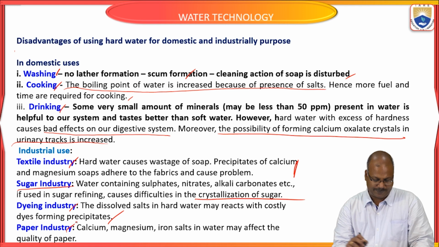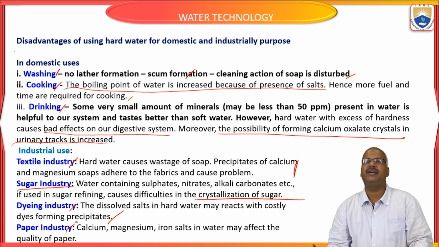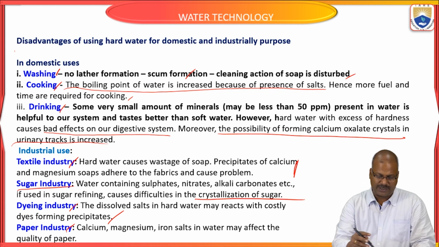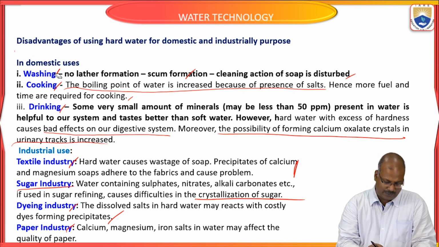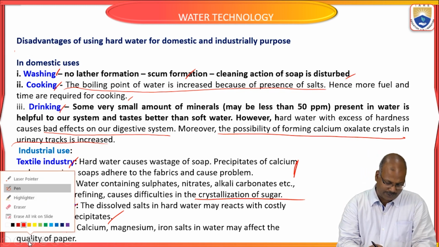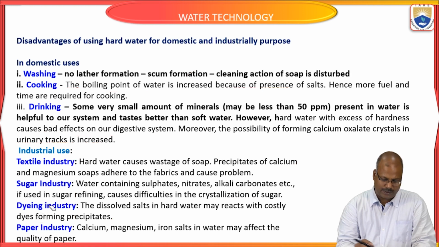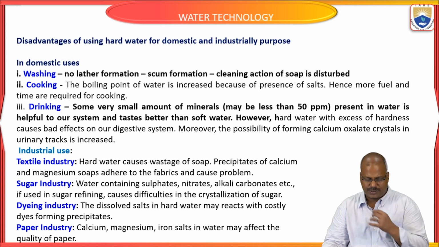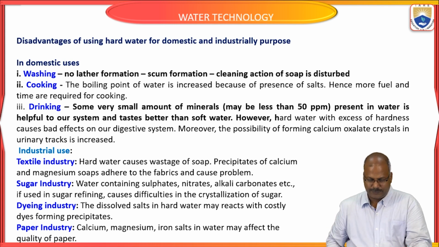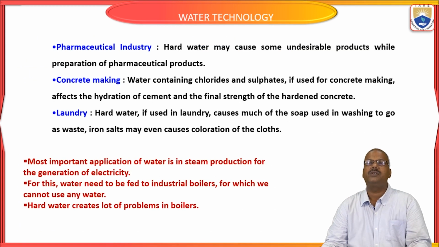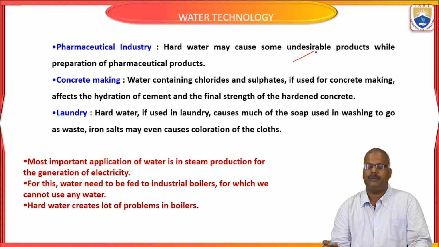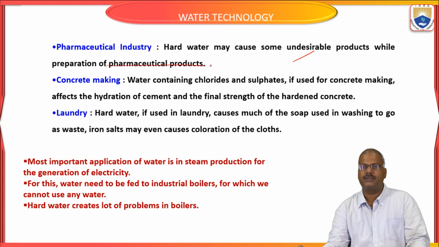Paper industry: calcium, magnesium and iron salts in water may affect the quality of paper. So everywhere, water quality is important. Hardness of water creates problems in more ways. Next, in the pharmaceutical industry, hard water may cause undesirable products in the preparation of pharmaceutical products.